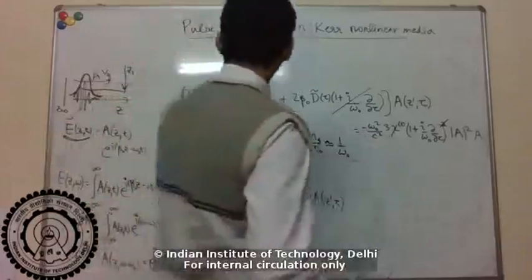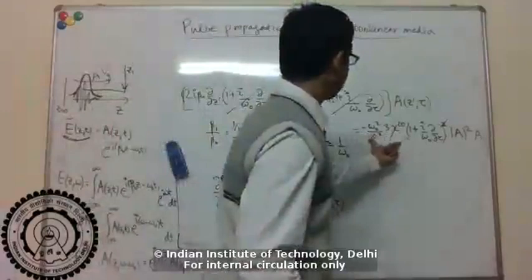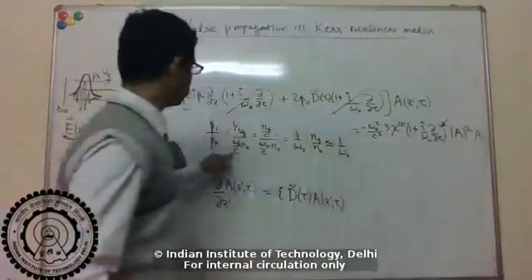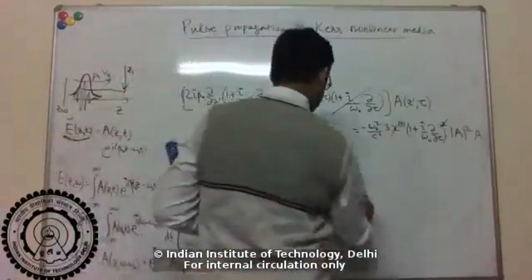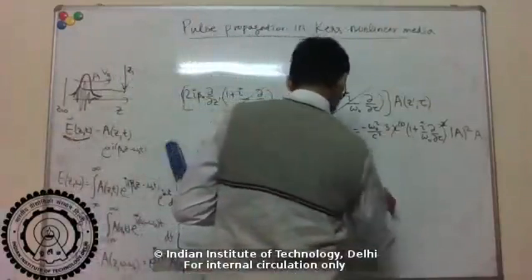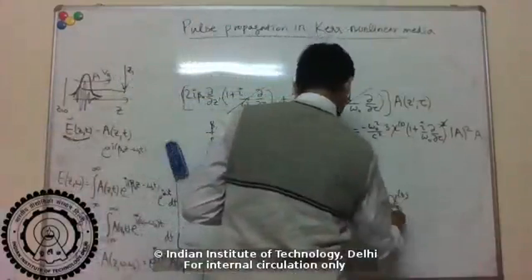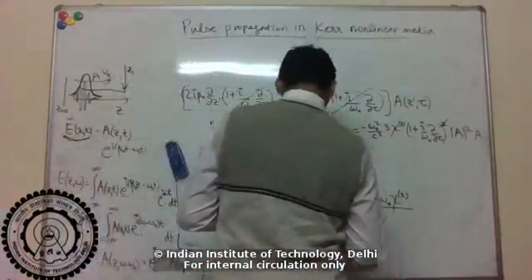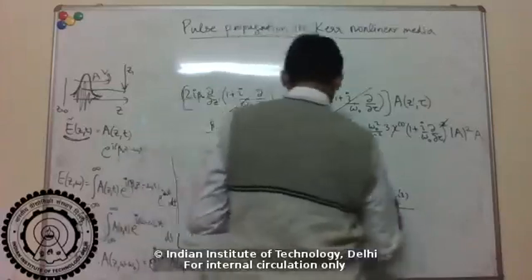And then the other term is this. So 2I beta naught divided by 2I beta naught here, right? And beta naught, again I can write omega naught C over N naught. So the term here becomes... No, sorry.